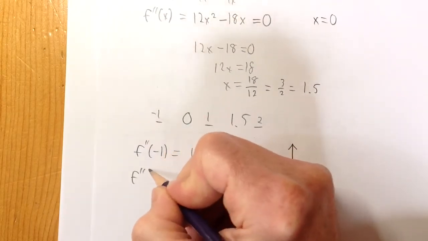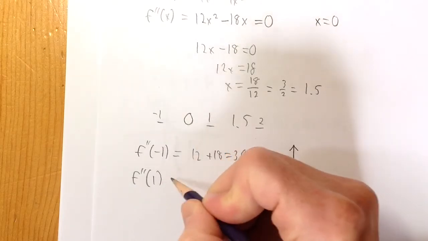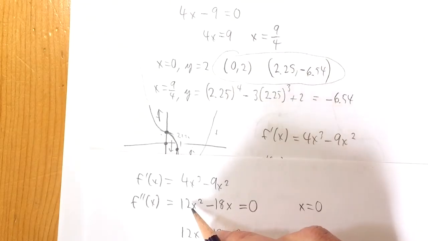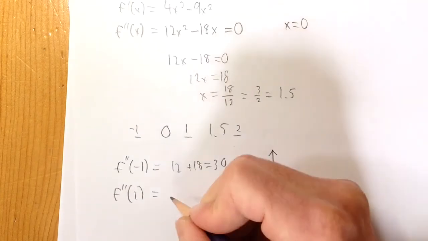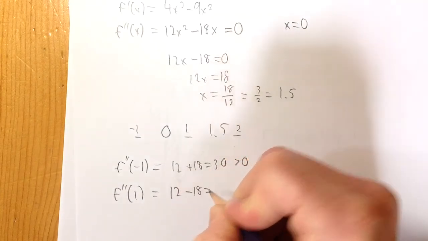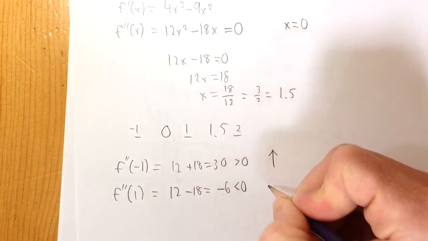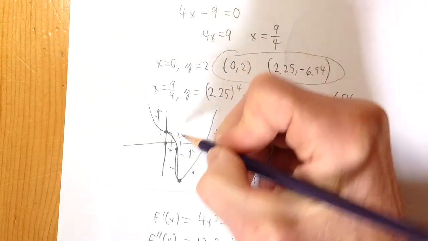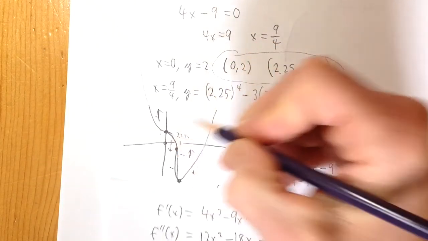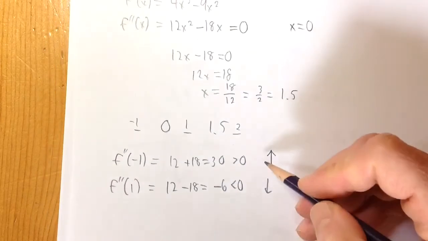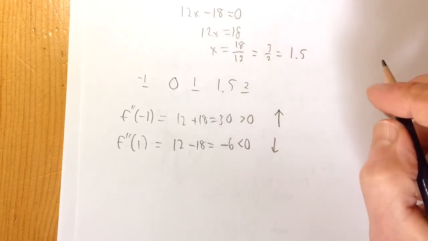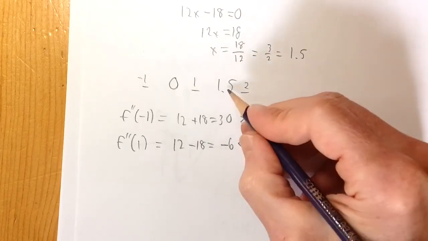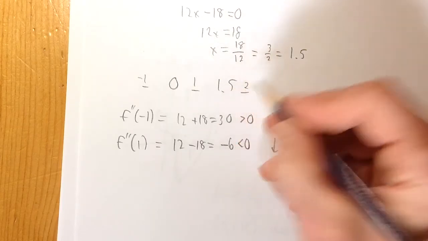Okay, second derivative at 1 would be 12 minus 18, which is -6, which is less than 0. So it's concave down there. So we know everywhere here it's concave down, which we knew anyway. And then, how about 1.5? No, sorry, how about 2? On the other side of the inflection point there, that's 2.